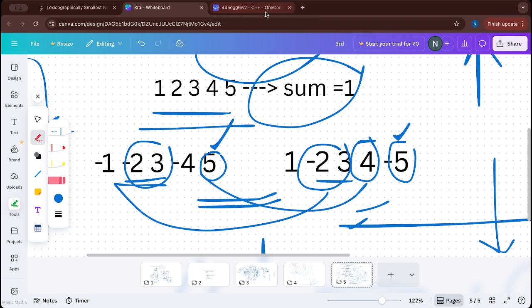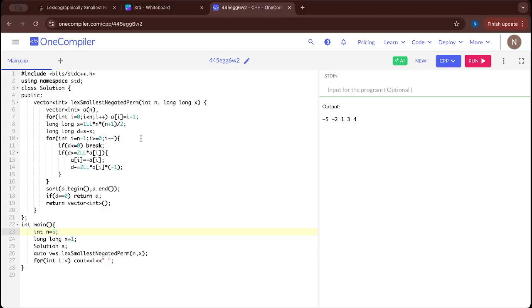Now let's check the code, which is exactly the same. Initialize the values with i plus 1, and then the sum we get is n times n plus 1 by 2, and then the difference is s minus x. Now start from the highest value. If the difference is less than or equal to 0, then break. If the difference is more than or equal to twice the value, then make it negative and reduce the difference: d minus equals 2 times the value.